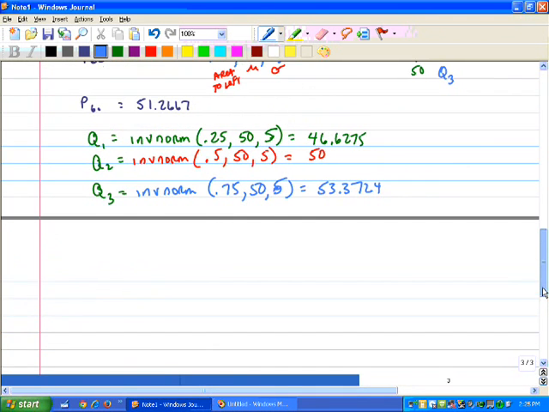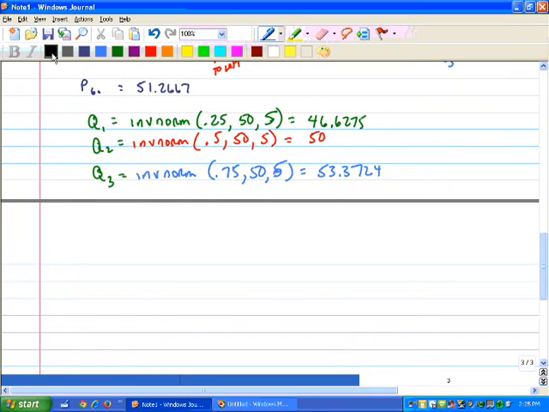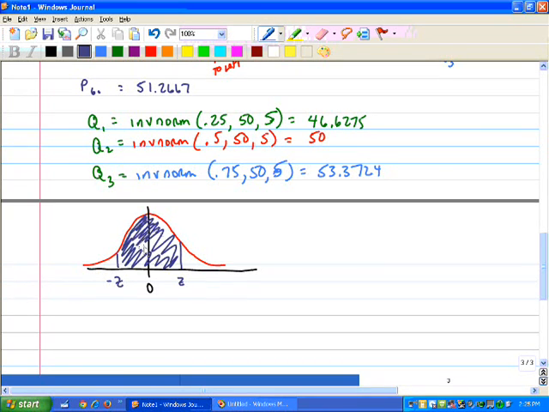Let's do another example. And let's find the z value in standard normal distribution such that the area between negative z and z is 70%.